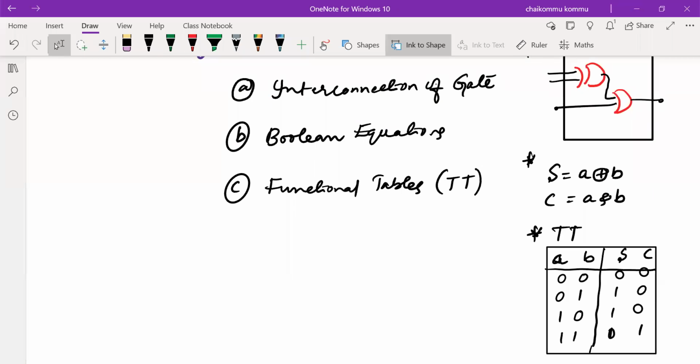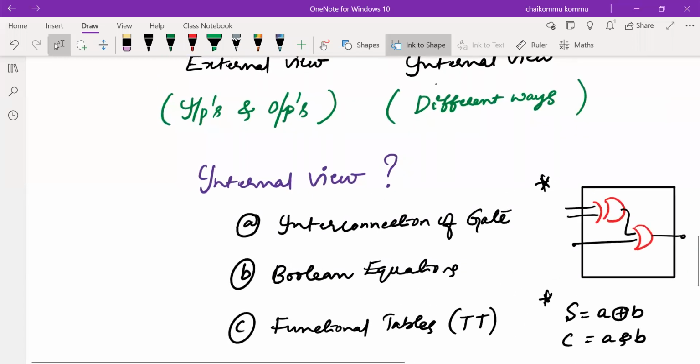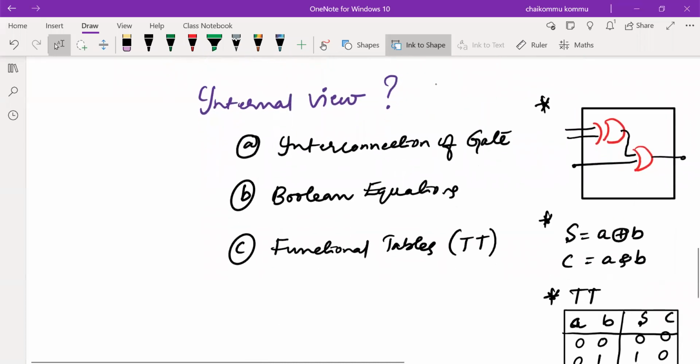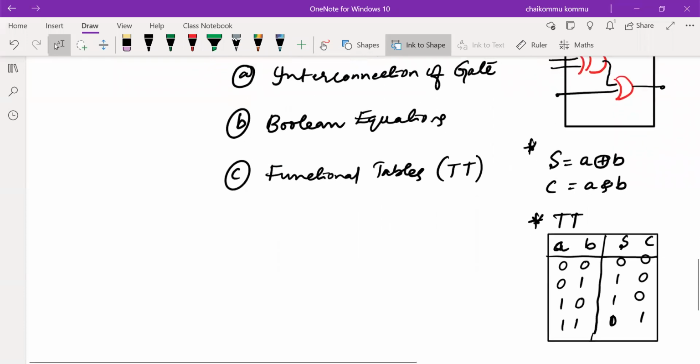So this is the basis for writing a Verilog code to describe digital circuits. Very, very important one. If you want to write a Verilog program, you should know this.